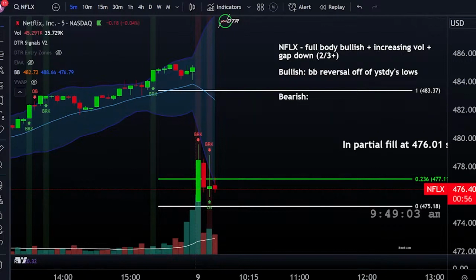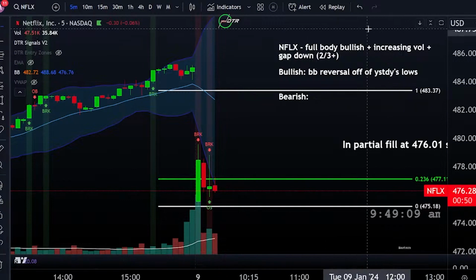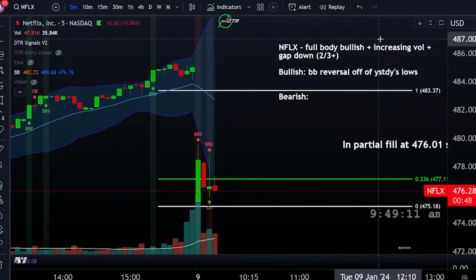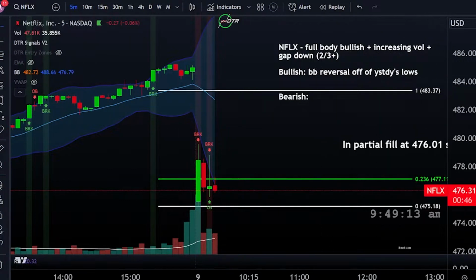Maybe starting to see the dip buy take hold here a little bit. I can talk myself into a trade all day long, though.